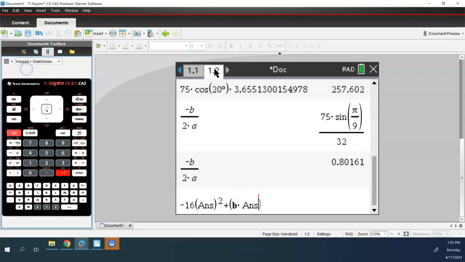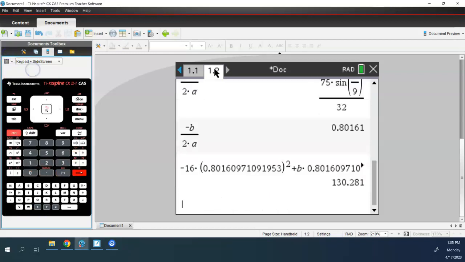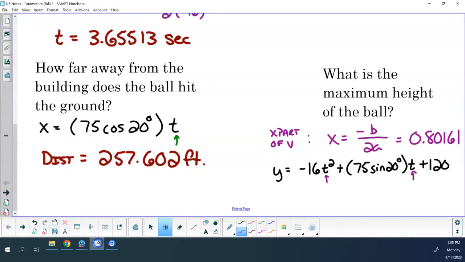That needs to be multiplied by my answer. And then I need to add the 120, and that gets me 130.281 feet.